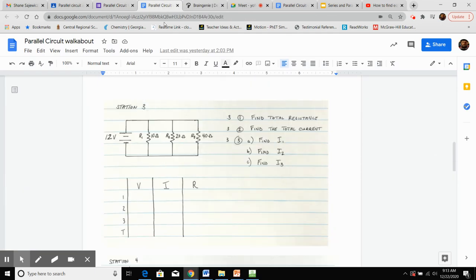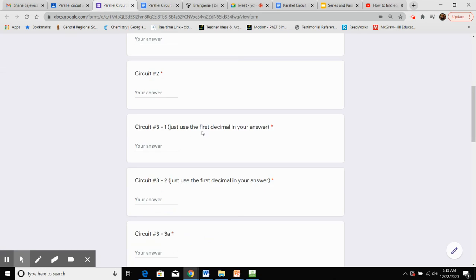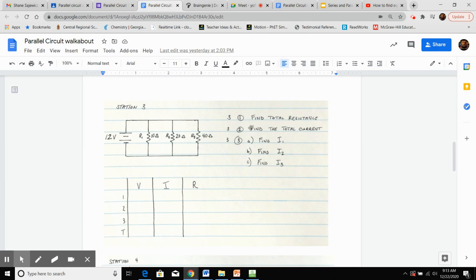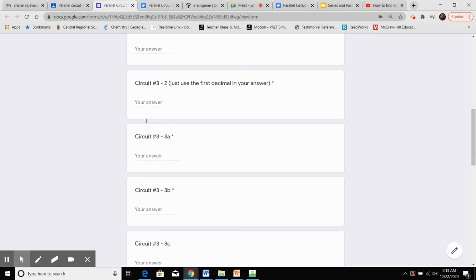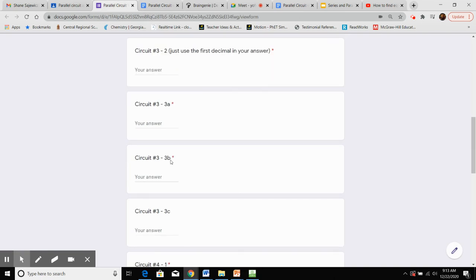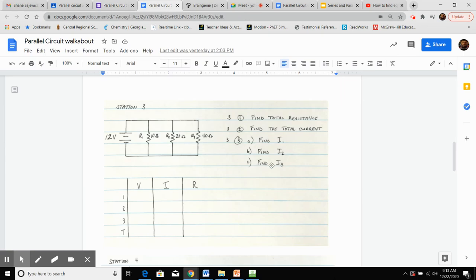So this would be number 3: 3-1, then 3-2, and then you see it has 3-3A, 3-3B, 3-3C. They correspond to these, finding the currents. And remember, the currents are as easy as going through and solving.